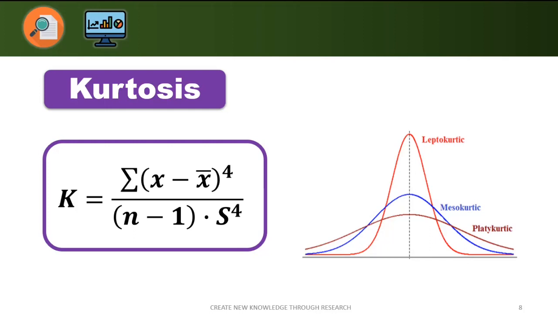So if the kurtosis is less than 3, it has a negative kurtosis, and it implies that the distribution has fewer outliers than a normal distribution. I mentioned outliers, and outliers are those sporadic values which appear in our data set.